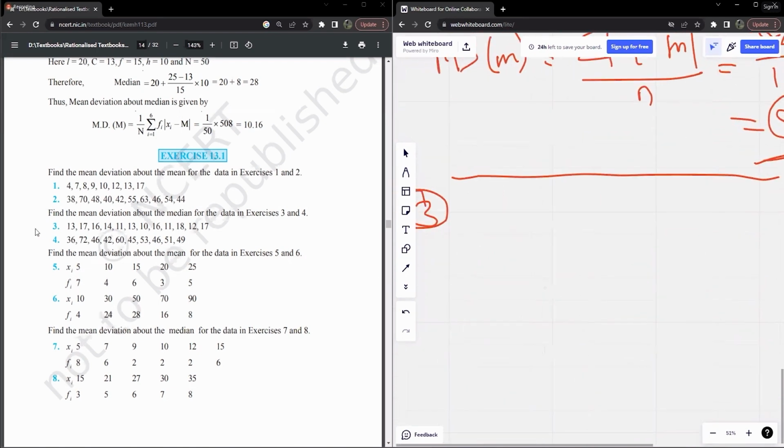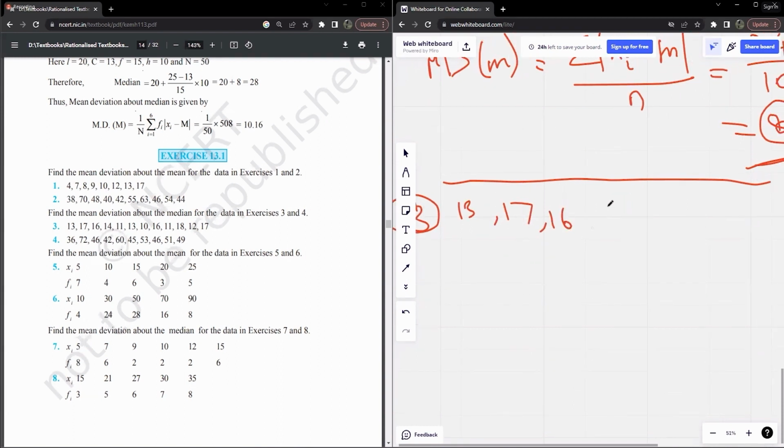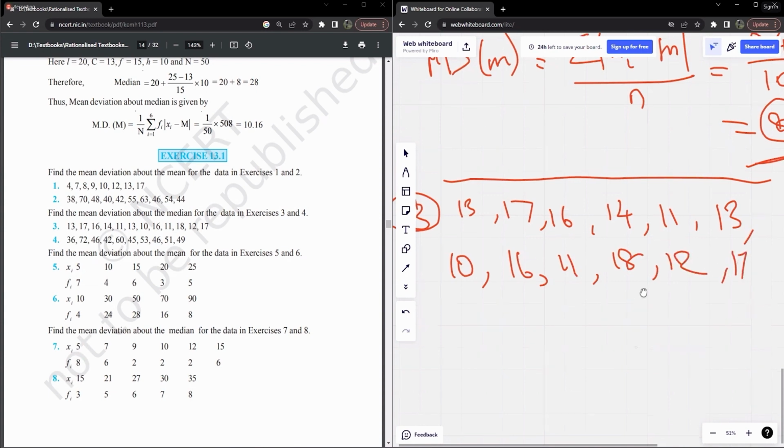For the third question, we have the data set 13, 17, 16, 14, 11, 13 again, and then 10, 16, 11, 18, 12, and 17.